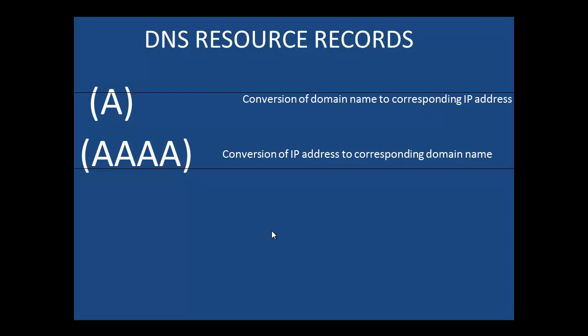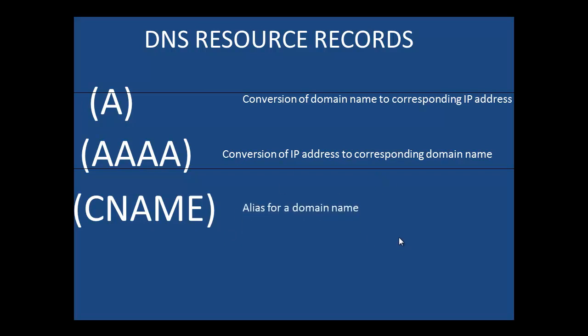Next on our list, we have what we call a CNAME record, known as canonical record. And this record specifies a domain name that has to be queried in order to resolve the original DNS query. What does that mean? If my domain is called contoso.com, what I could do is create an alias for that name.